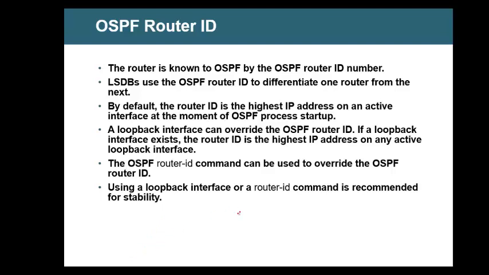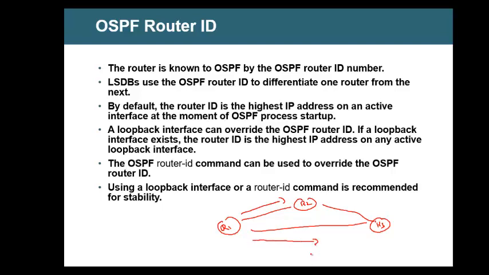Say for example, there is one router here, another router here, and another router here. Let me name these router 1, router 2, router 3. If router 1 sends an update, router 3 has already learned the update.